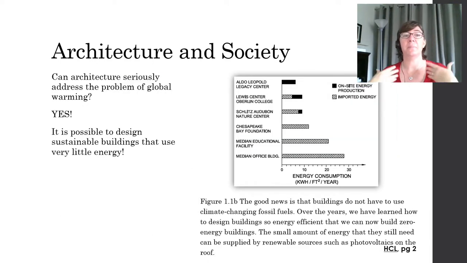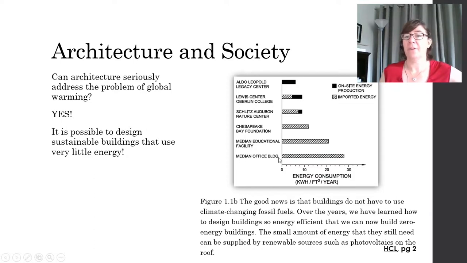So the question then becomes, can we actually address the problem of global warming and sustainability through architecture? The answer is overwhelmingly yes. Because that use of energy within buildings is so large, we can actually use architecture to address these problems, because it is indeed possible to design sustainable buildings that use very little energy. And here's a couple of examples right here from your textbook.